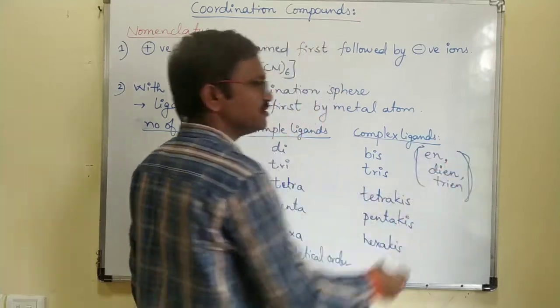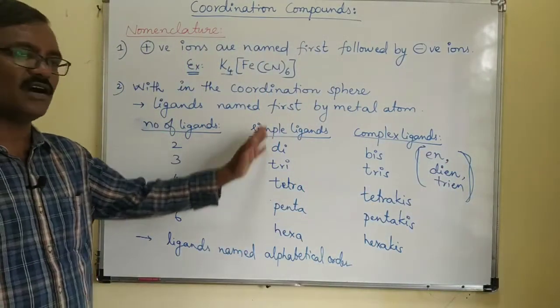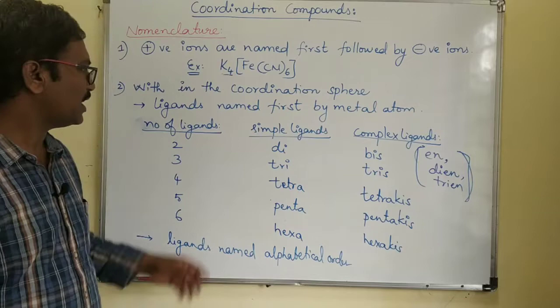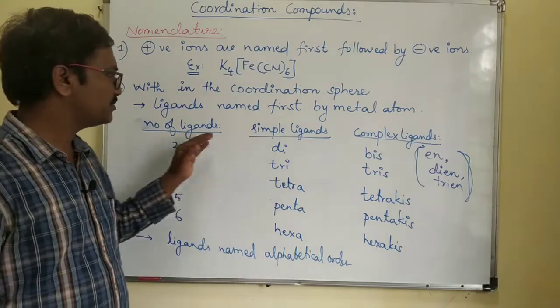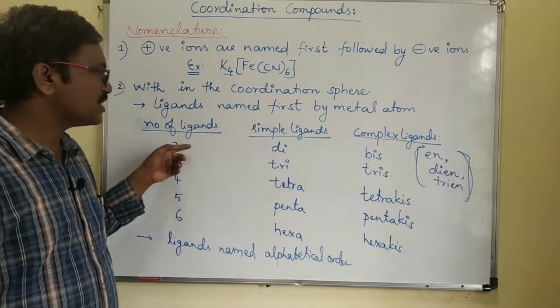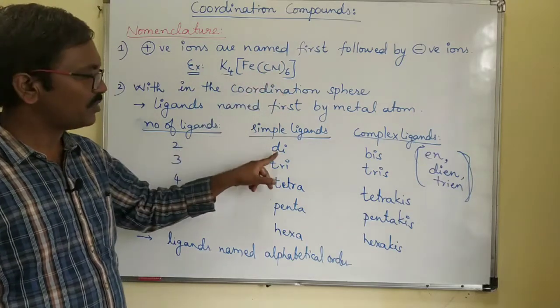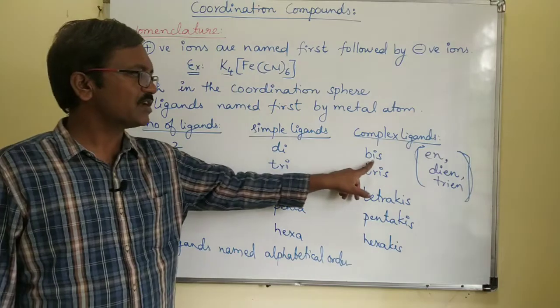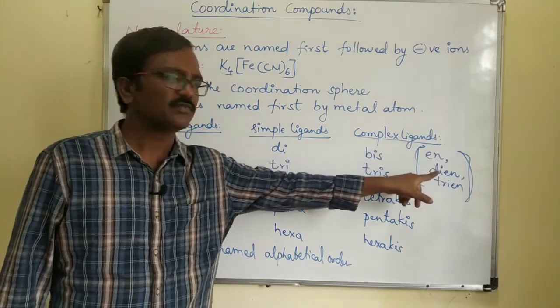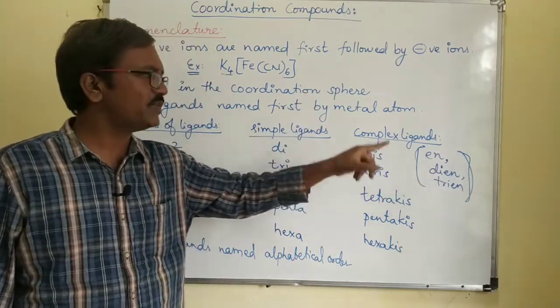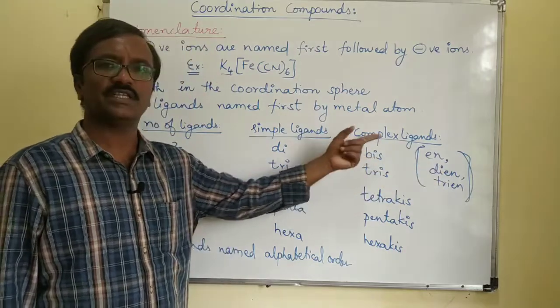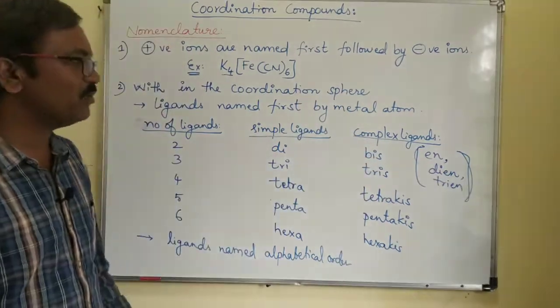Other than these, all are simple ligands, right? So at this moment, the number of ligands is 2. If it is CN2, di. If it is a complex ligand like ethylene diamine, then bis ethylene diamine. If it is en2, bis ethylene diamine. En is a complex ligand.